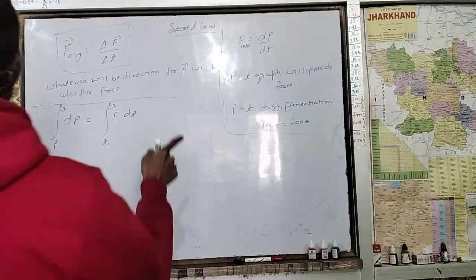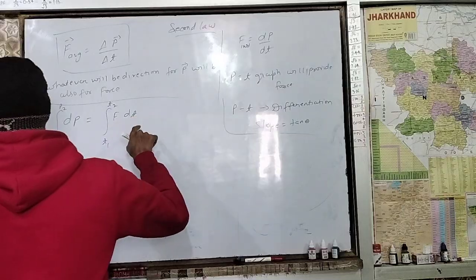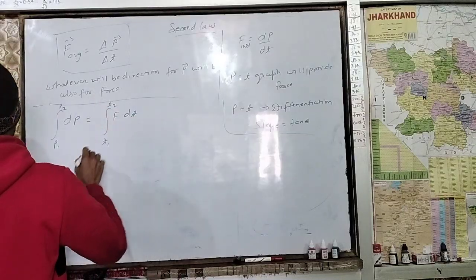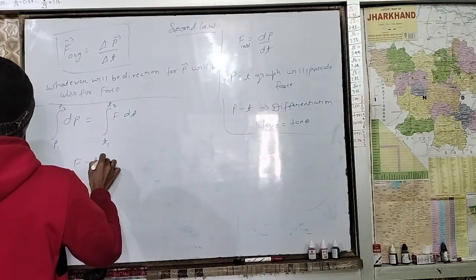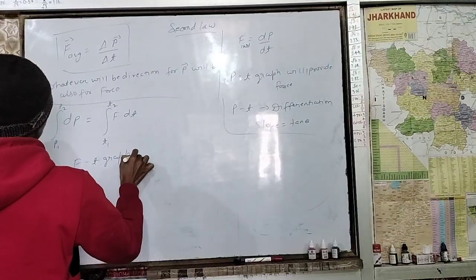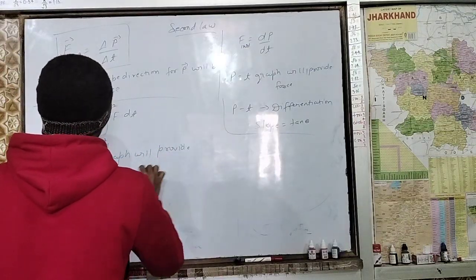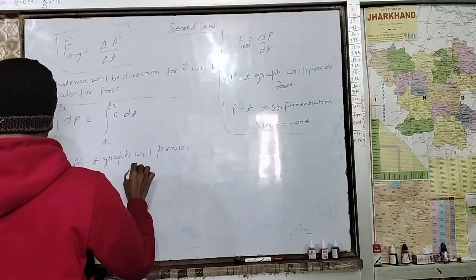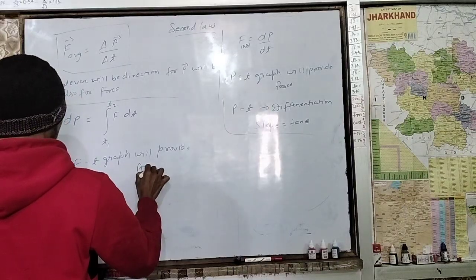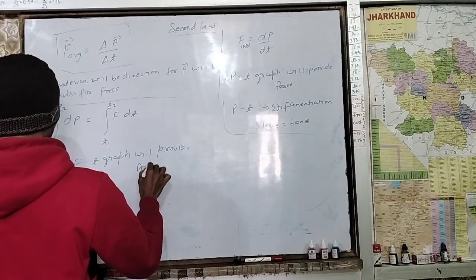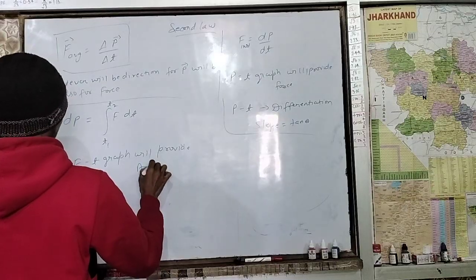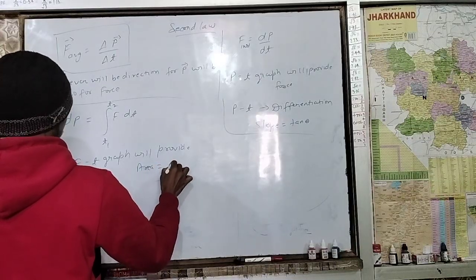So here we are integrating it. So remember, the FT graph will provide nothing but area, meaning change in momentum.